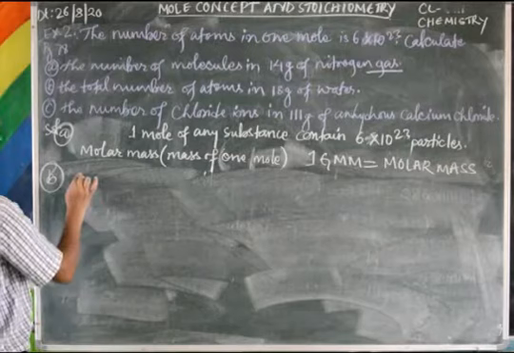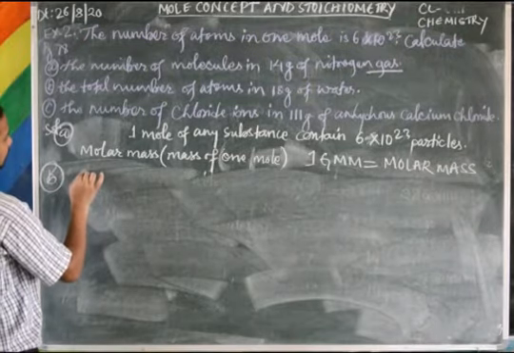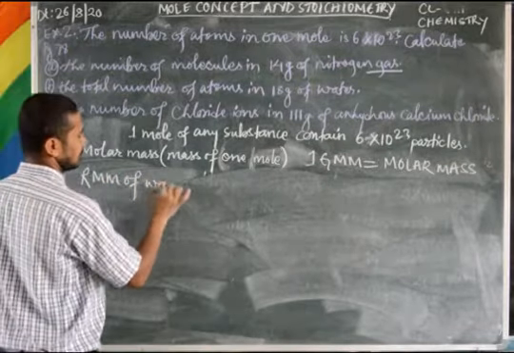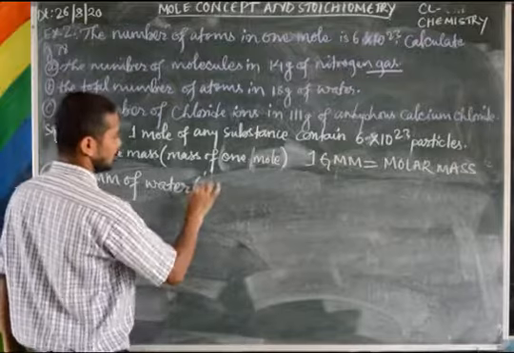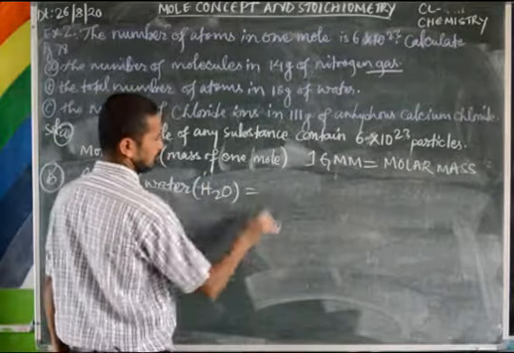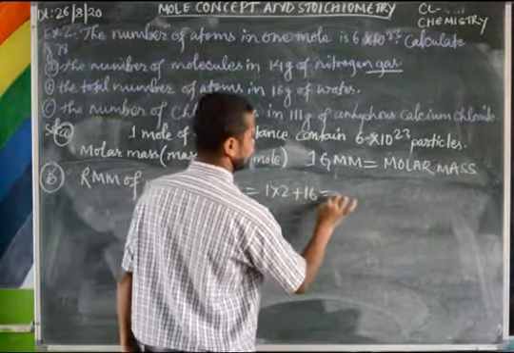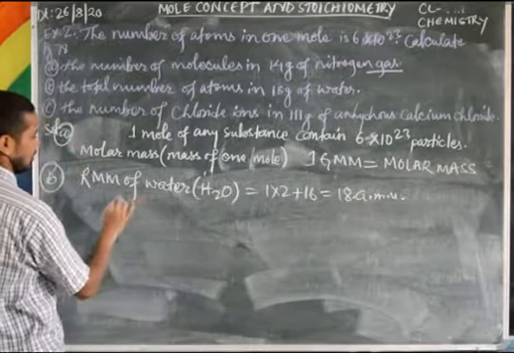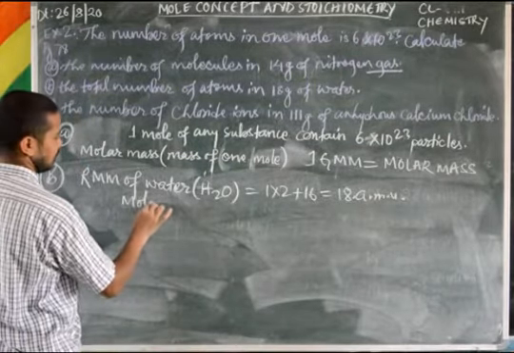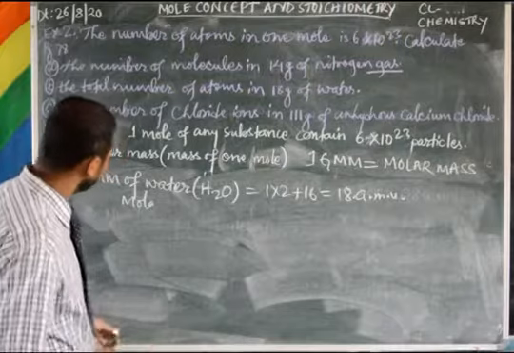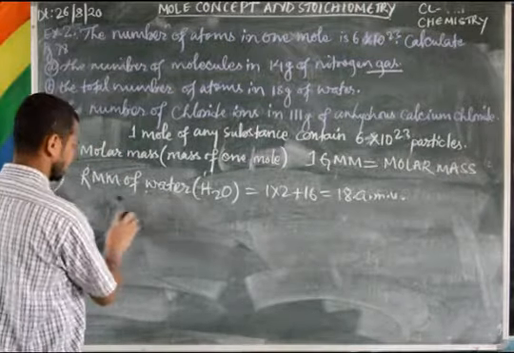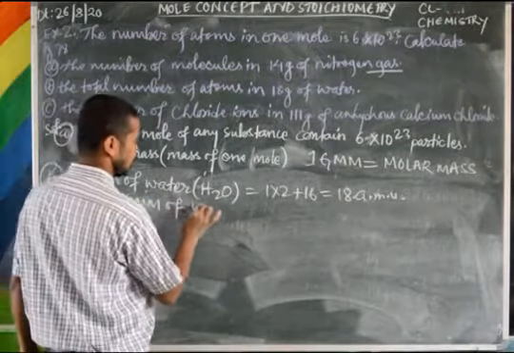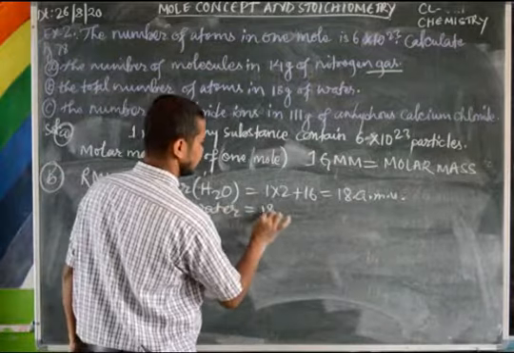Now again you write: relative molecular mass of water is equal to 1 into 2 plus 16, that is 18 AMU. Then for molar mass, you can write gram molecular mass, anything. Gram molecular mass of water is equal to 18 gram.